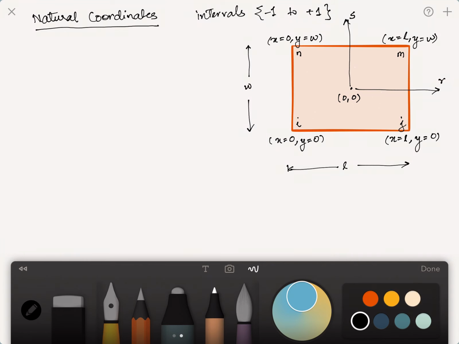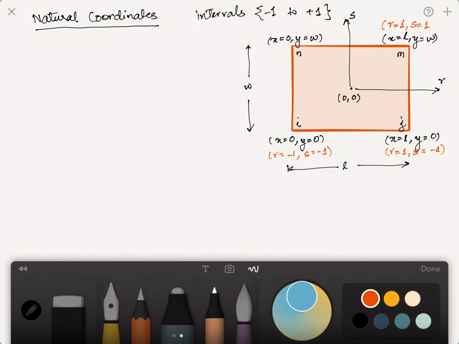So now in this case, I will have modified coordinates. Here R will be equal to -1, S will be equal to -1. R will here be equal to 1, sorry, not minus, and S would be equal to -1. The same way here, R would be equal to 1 and S would be equal to 1.